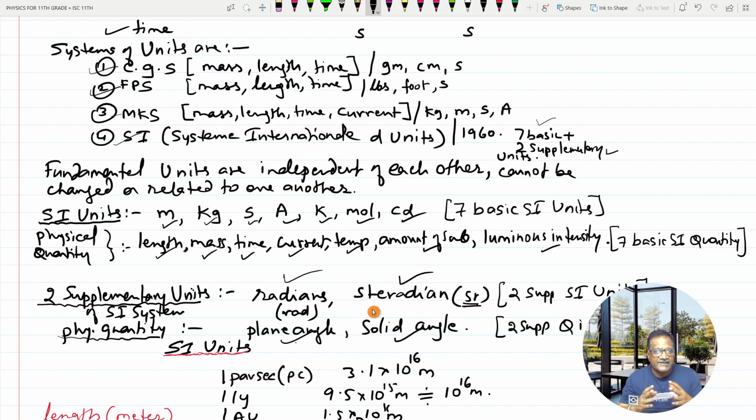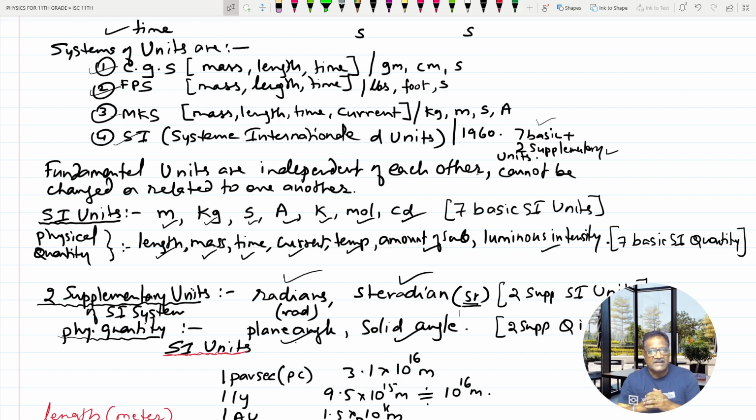I'll explain what the physical quantities and the corresponding units in the SI system are. Once you have understood these systems, that is SI, CGS, MKS, etc., you don't have to worry much about other systems, because now only one system is being followed, which is the SI system. In it you have 7 basic physical quantities and the corresponding 7 basic SI units.